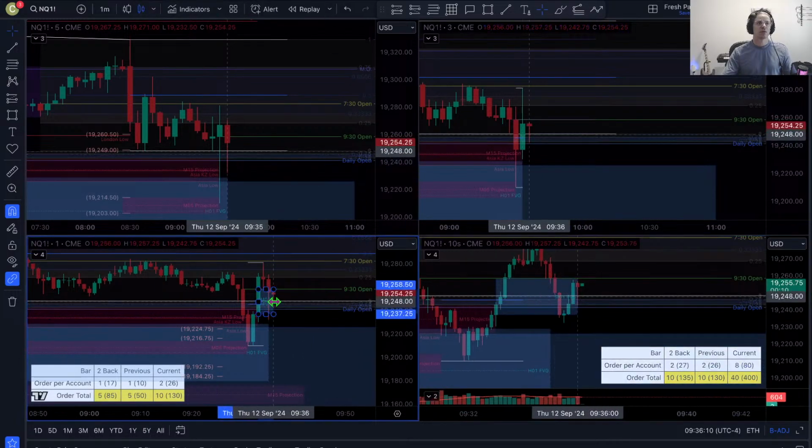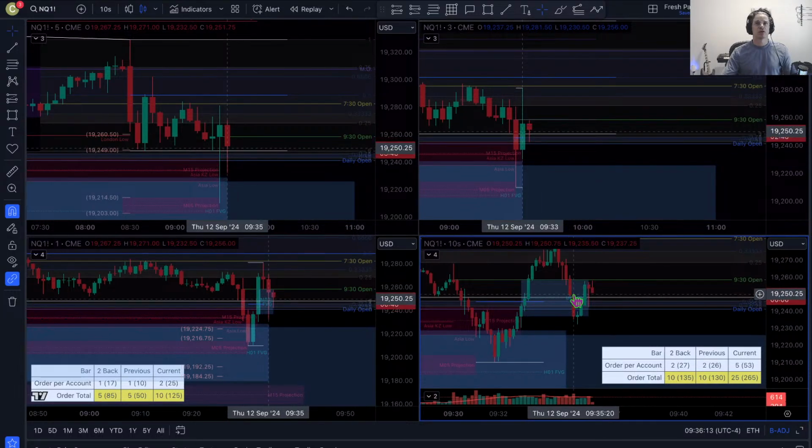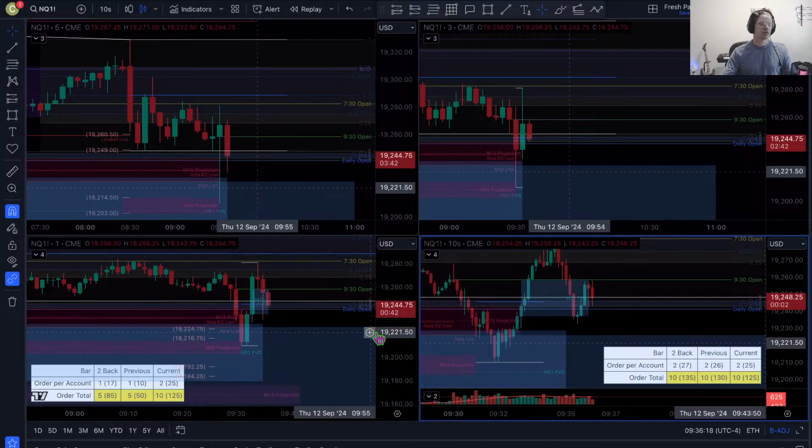That's a hold of this M1 fair value gap there. And that was reversal PA, could potentially trade it there, but you didn't really get a sweep of anything that I'm interested in.